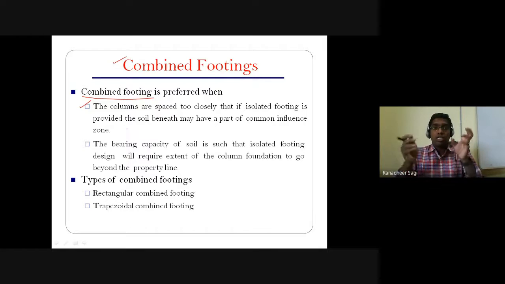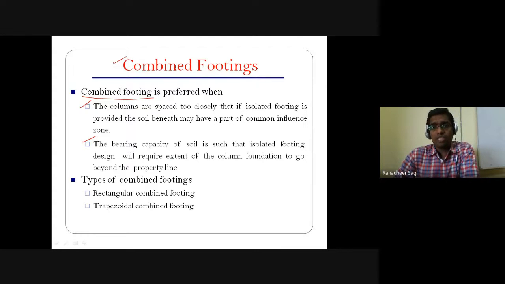So when isolated footings are constructed to carry the loads coming from two closely spaced columns, and one footing and the adjacent footing are carrying the loads from those two individual columns, if the load distribution from one footing is getting interfered with by the load distribution from the other footing, then in order to avoid that interference effect of two nearby adjacent footings, you can go for a simple combined footing to carry the loads coming from those two individual columns.